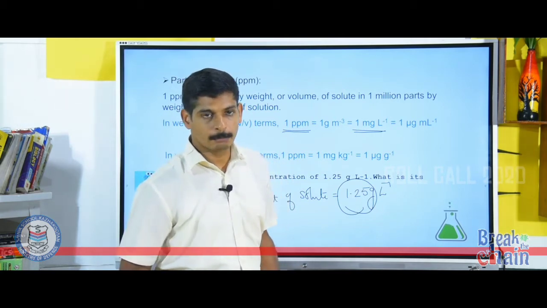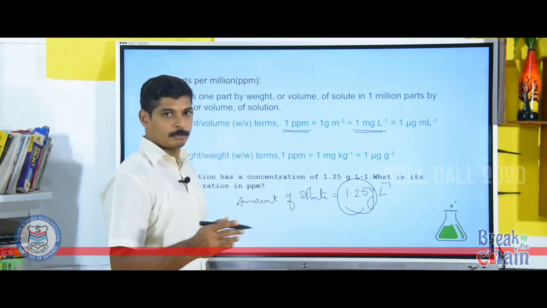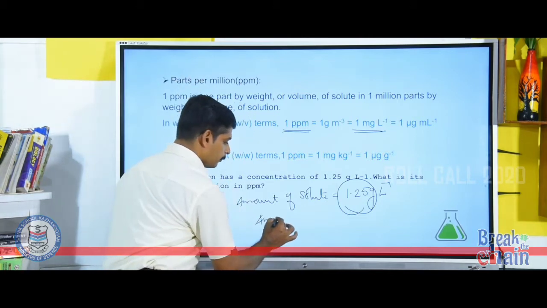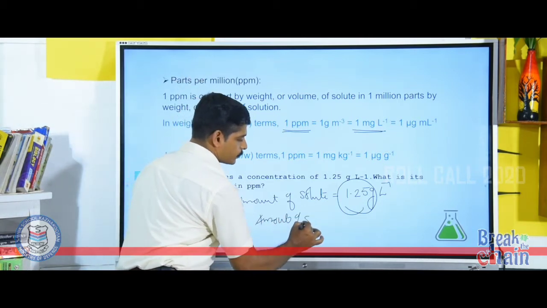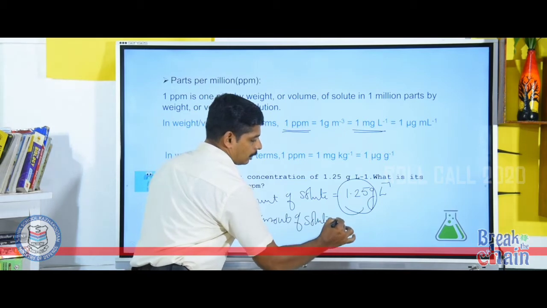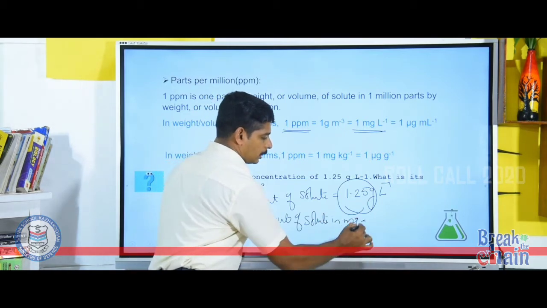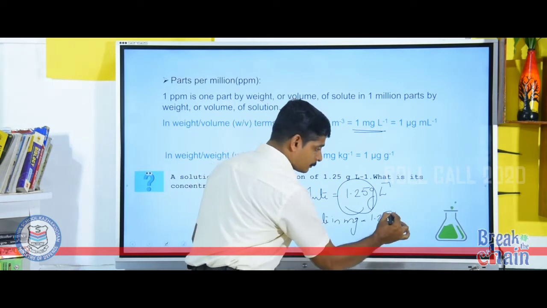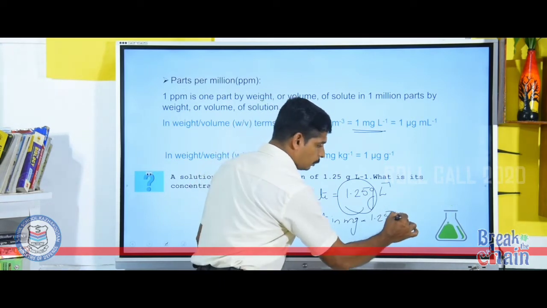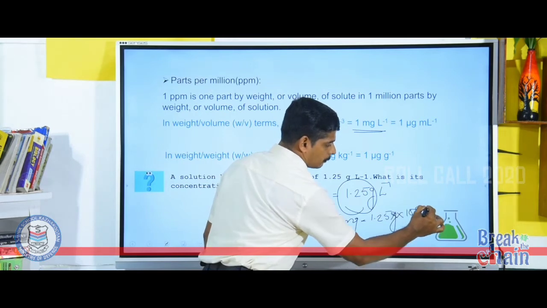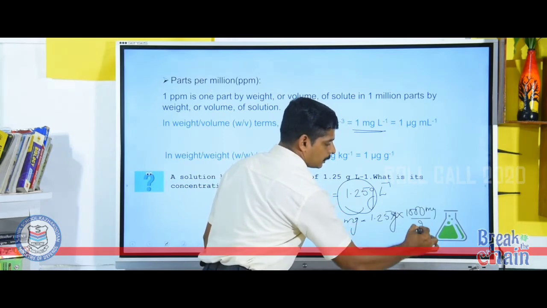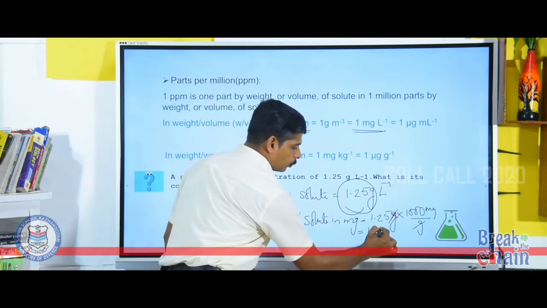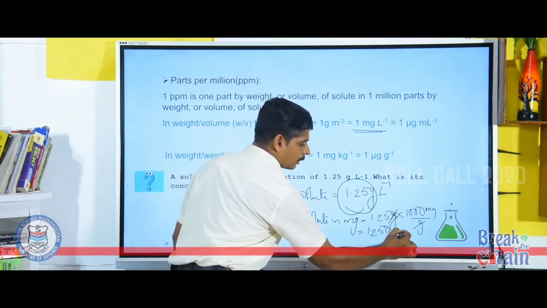It is very simple. You can multiply that 1.25 gram by 1000, right? So, amount of solute in milligram, how much? It is 1.25 into, this is in terms of gram, right, into 1000 milligram by gram. So, you can cancel it. So, what you get is 1250 milligram.